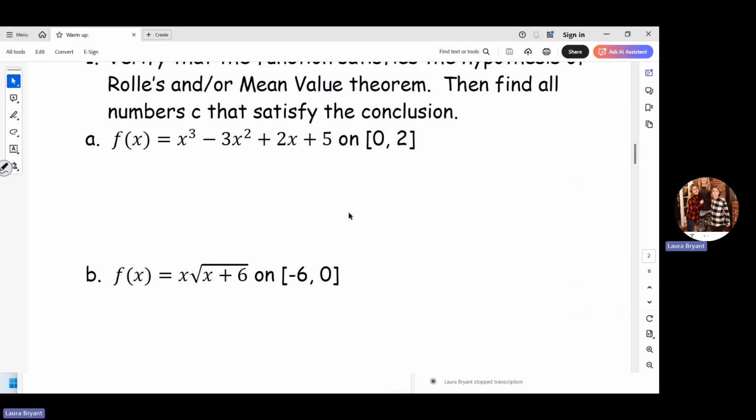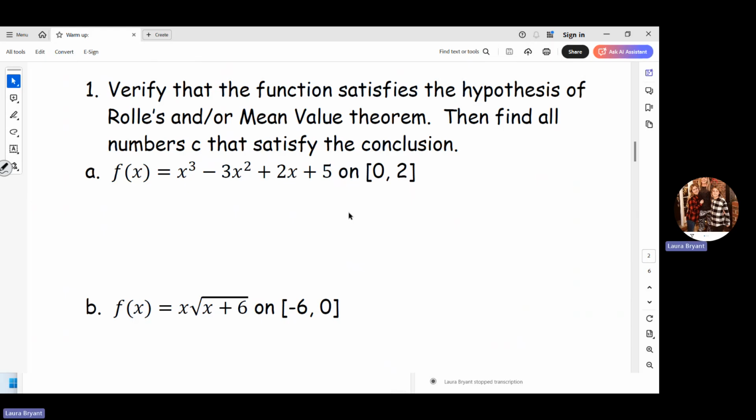Okay, so the directions say first, verify that the function satisfies the hypothesis of Rolle's and or the mean value theorem. Let me go real quick: what is the hypothesis? That's the first part of the theorem. That's the part where you check to see if the function is continuous and differentiable, and you check your f of a and f of b values.